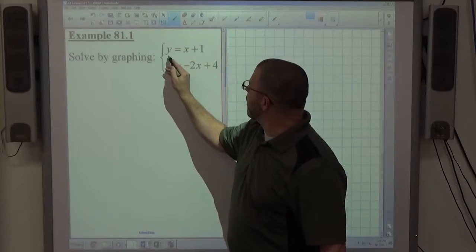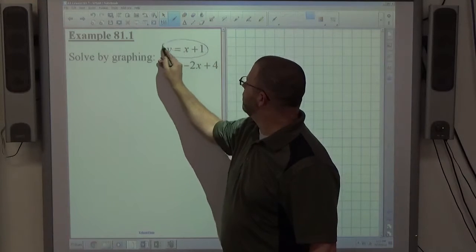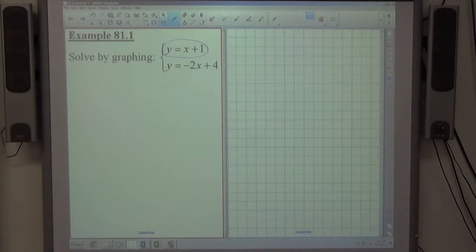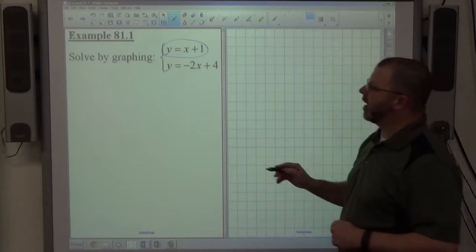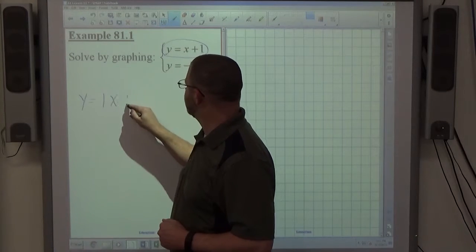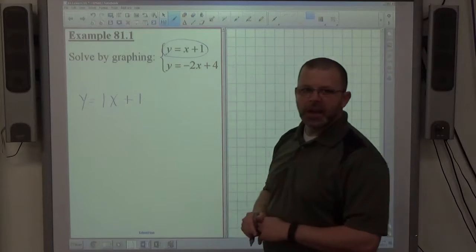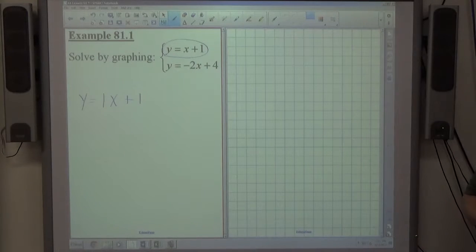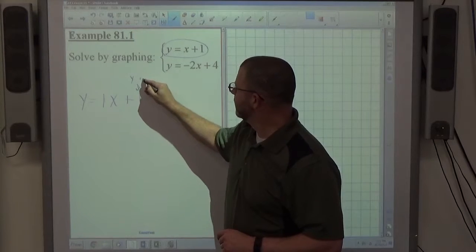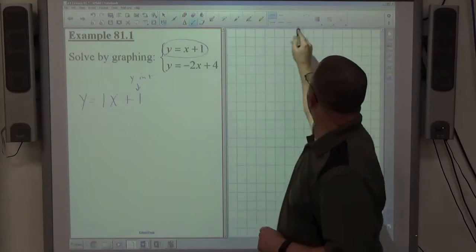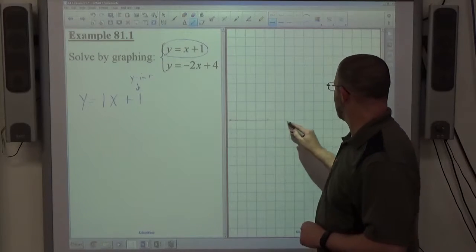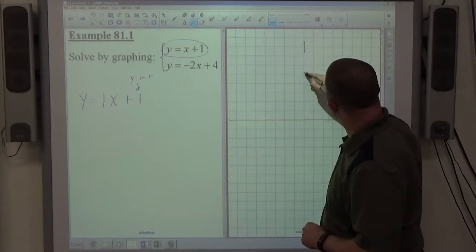So, if I'm solving by graphing, job 1 is to get this equation to say y equals everything else, which it already does. With y equals everything else, the number that is all by itself, this number here, is the y-intercept. So if I draw an x and y axis over here, there's my x-axis, here's my y-axis.